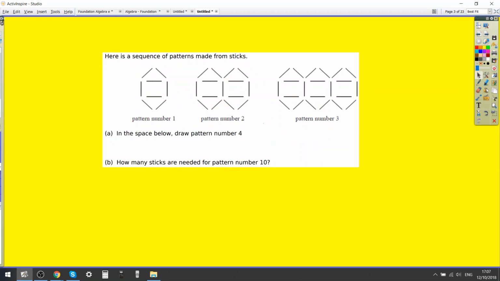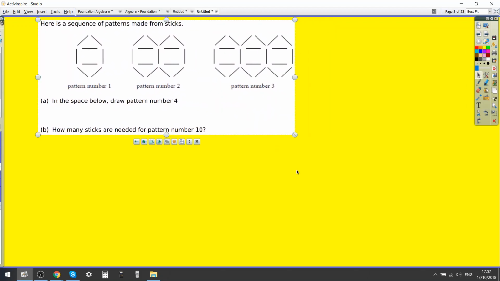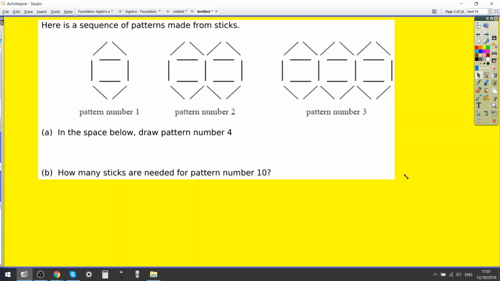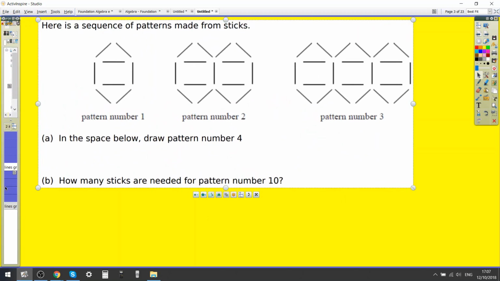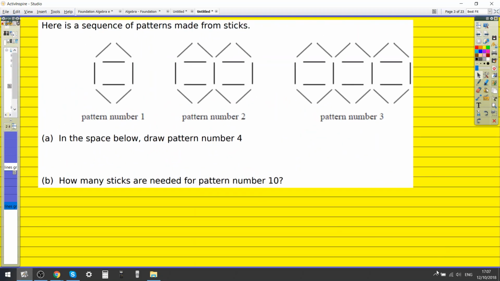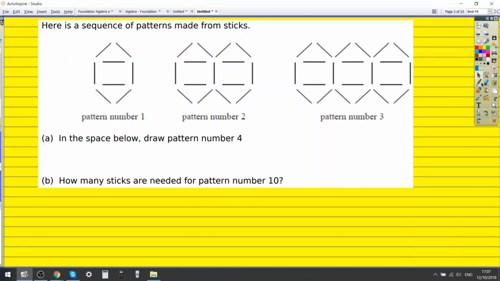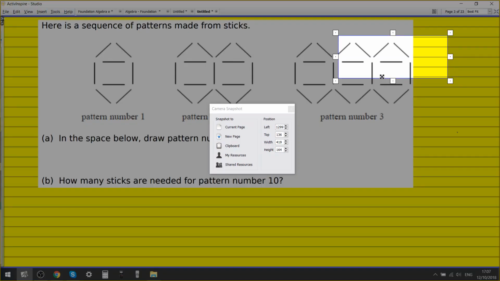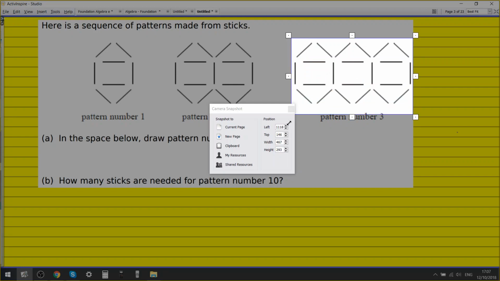Okay, let's try these. Space below, draw pattern number 4. So it's got to get pattern number 3, obviously. So what would you add to pattern 3? Just wait till you've got it. I'll do it like this.